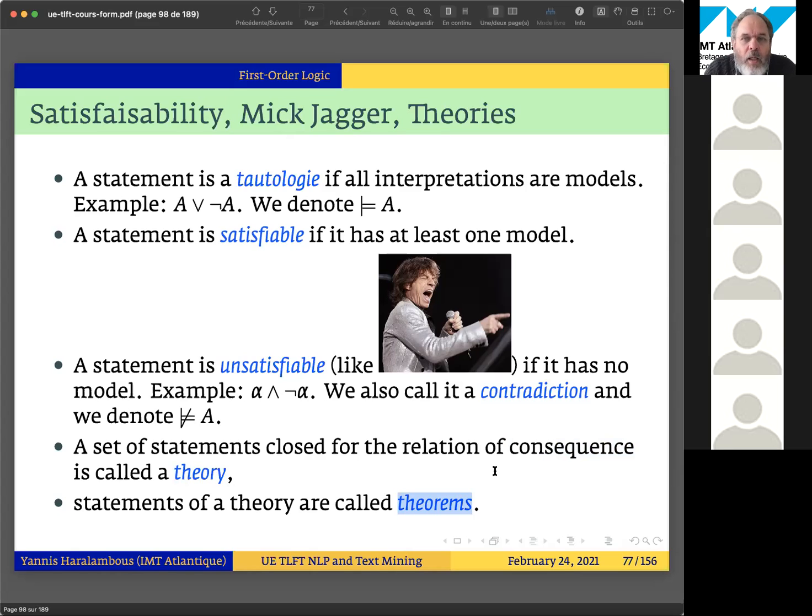So now we are in a domain and these consequences are other formulas which we also call theorems. And the set of all theorems is a theory.